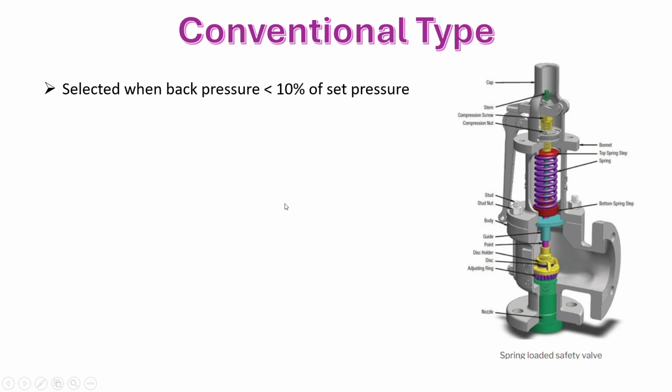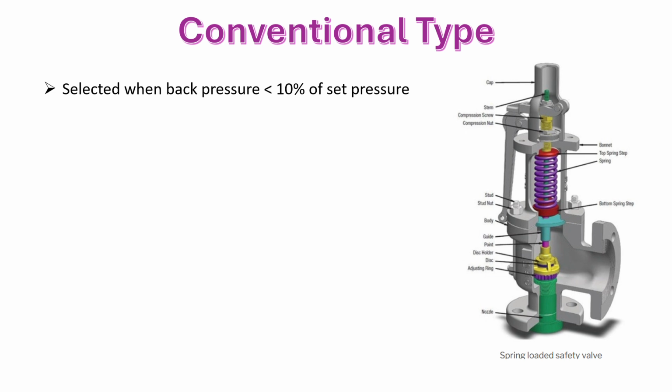So if we have a set pressure of 10 bar gauge, then the back pressure should be less than 1 bar gauge, which is 10% of 10 bar gauge. In that case, we can go with the conventional type safety valve.